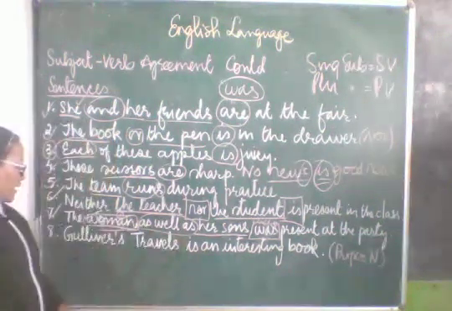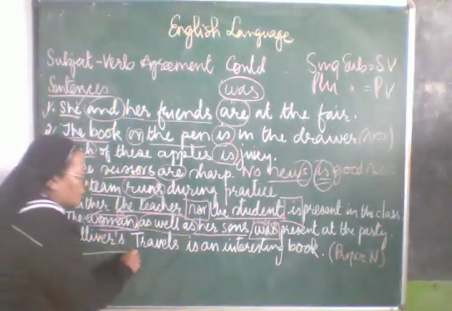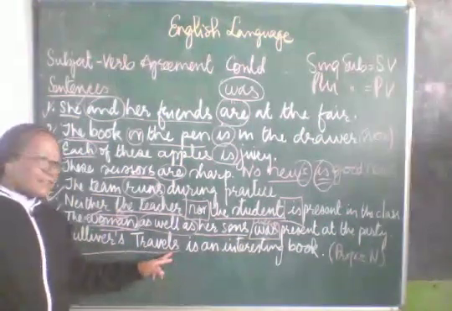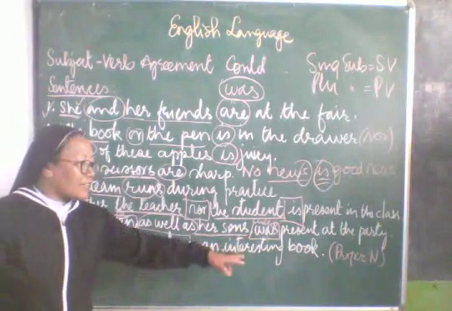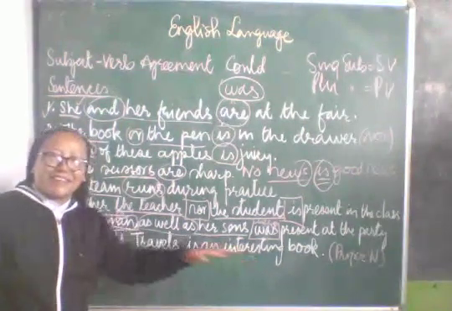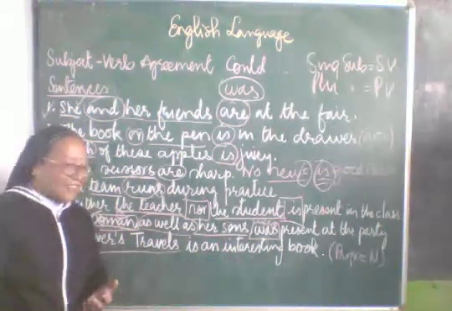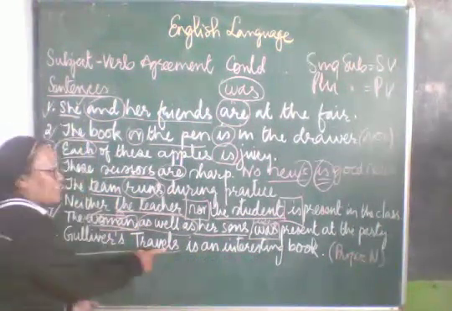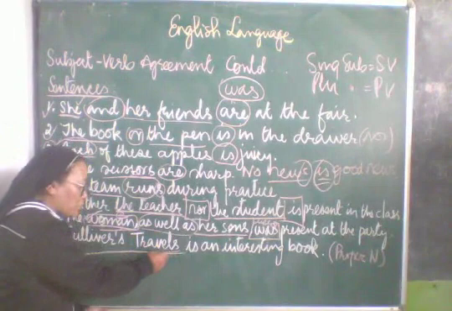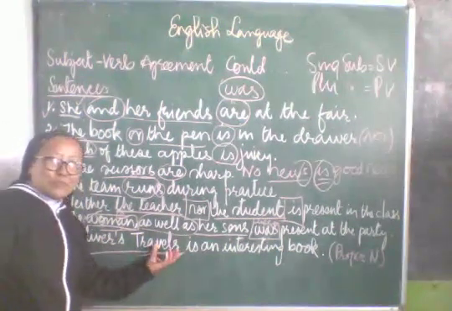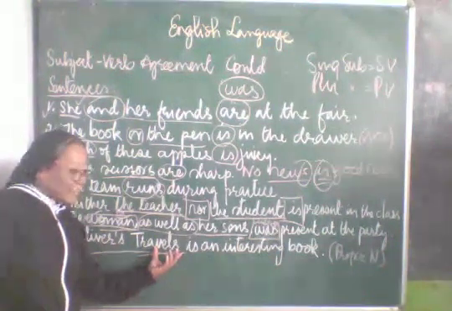Now next, the last sentence is sentence number 8: Gulliver's Travels is an interesting book. Now look here. Gulliver's Travels, you see "travels" plural, no? It looks as though it is plural, isn't it?